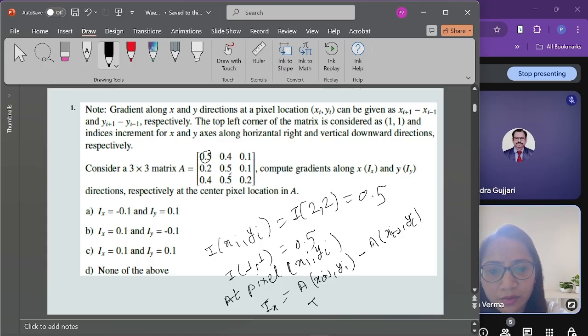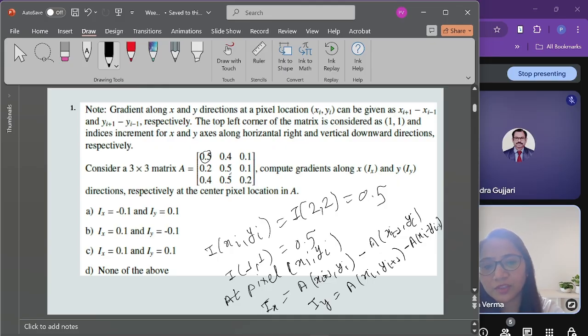Similarly, in the y direction, we need to calculate A of xi, yi plus 1 minus A of xi, yi minus 1. So how do we need to compute in both directions? Let's say x is to the right and y is upward or downward.